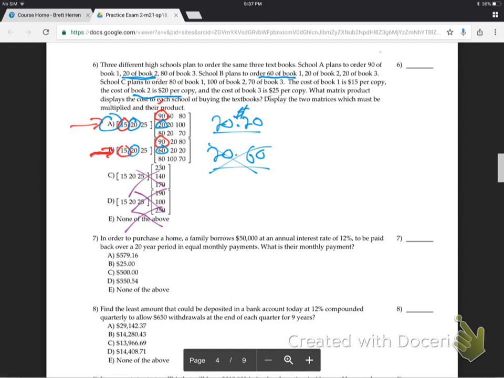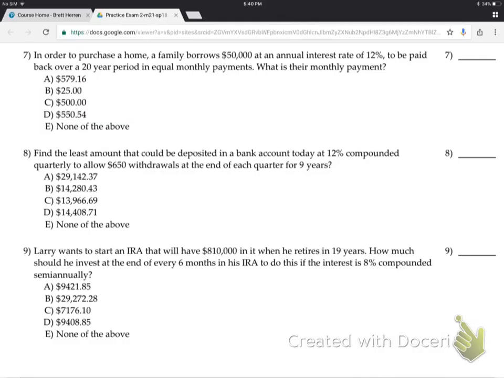In order to purchase a home, a family borrows $50,000. Okay, so let me help with that. Here, let me get a fresh screen on that. All of the home or car purchases are always going to be present value of an annuity.